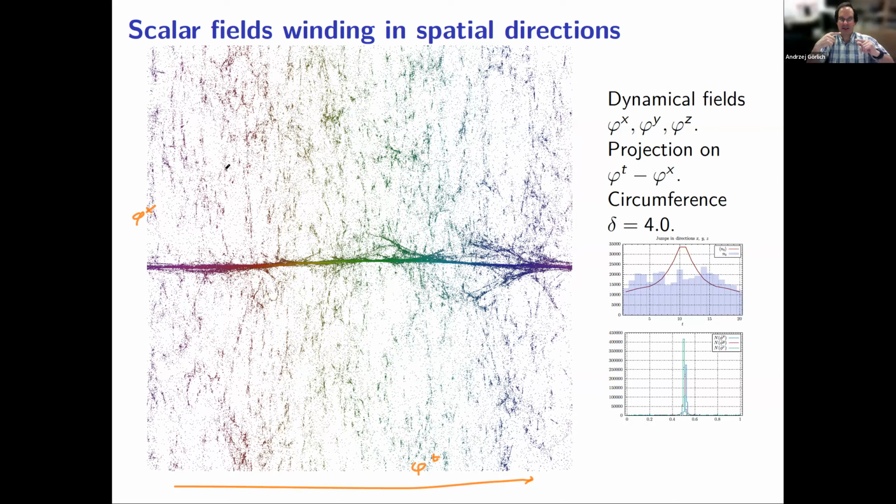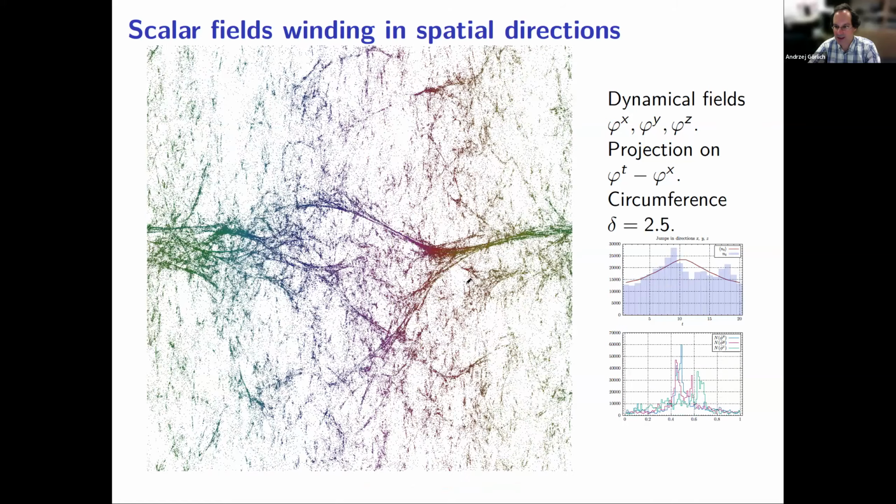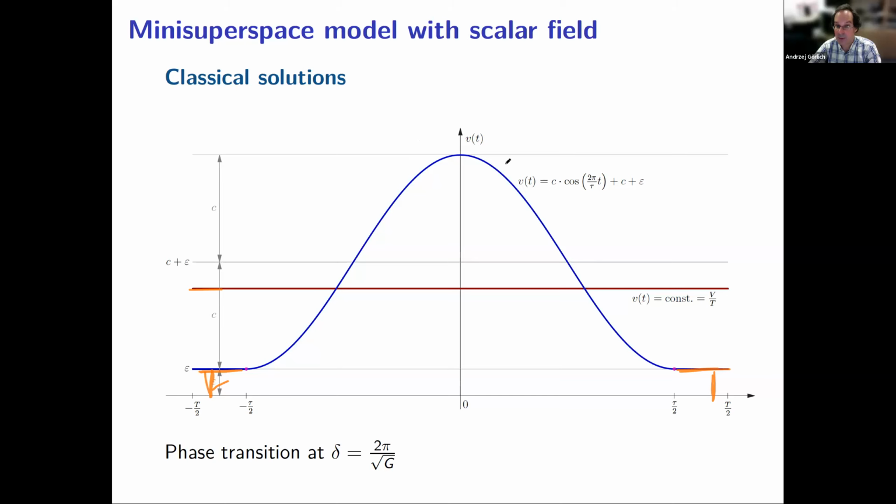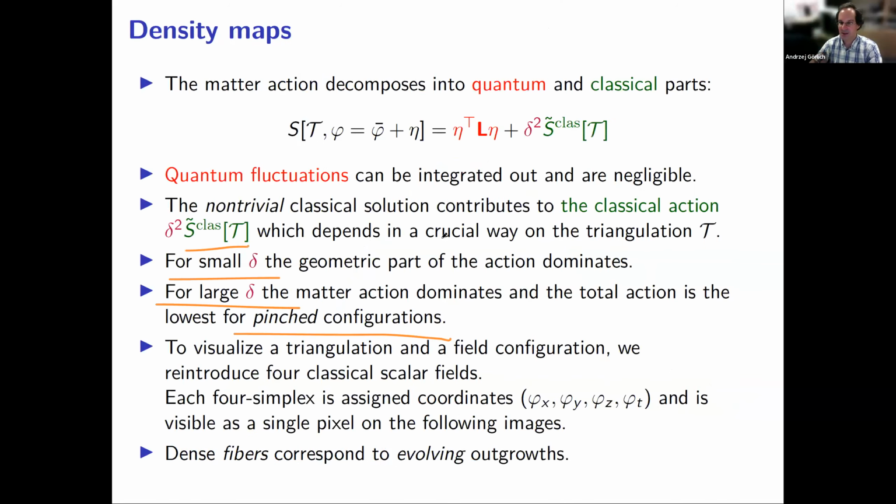And again, the scalar fields wind in the spatial direction. So they wind in this direction. And this explains, as before, so here we had this cosine. If we had a single solution in the time direction, we observe a cosine solution for the volume profile. And something similar happens here.